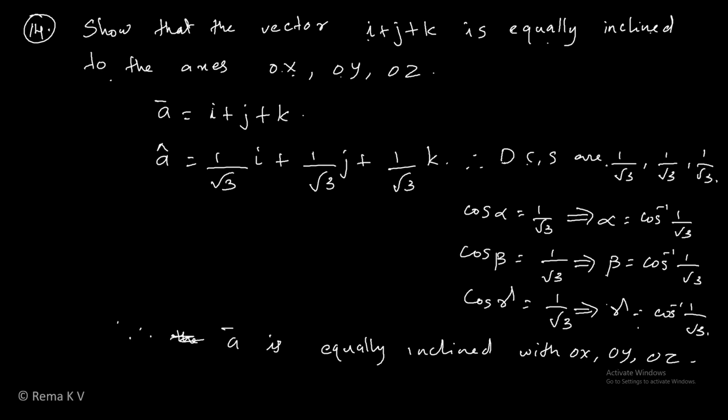Direction cosines are denoted by l, m and n. l is equal to 1 by root 3, m is equal to 1 by root 3 and n is equal to 1 by root 3. l is defined as cos alpha, m as cos beta and n as cos gamma. Try to do the remaining questions yourself.